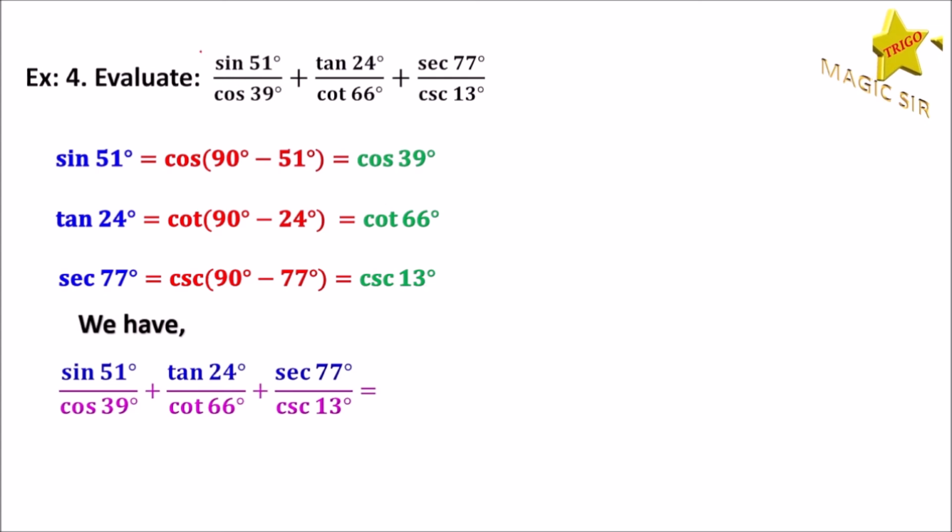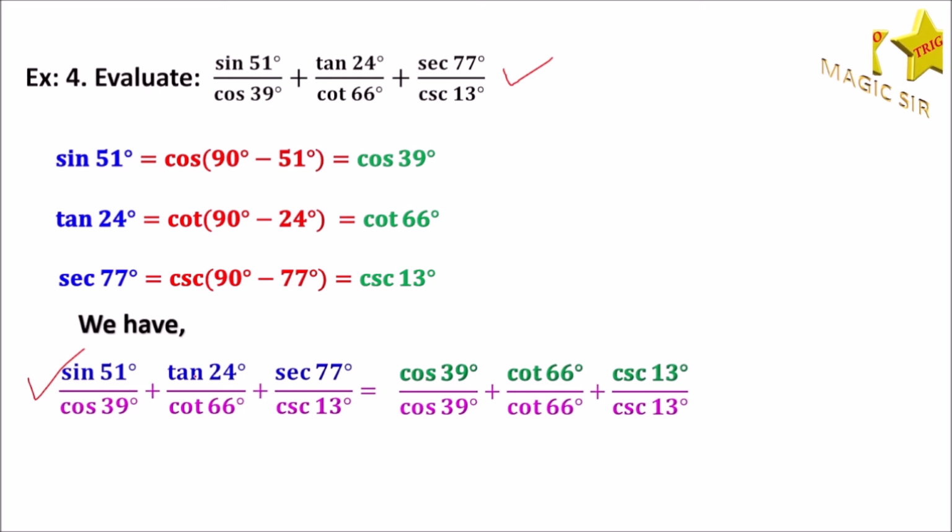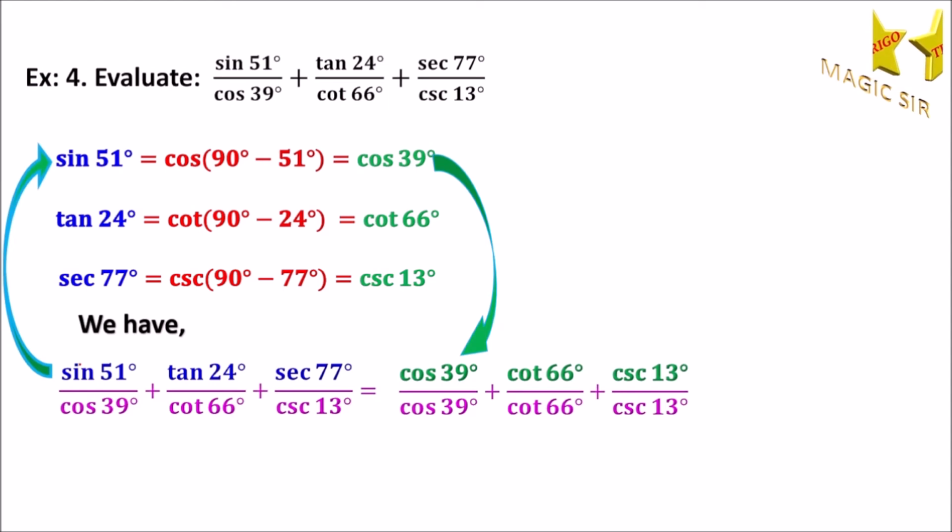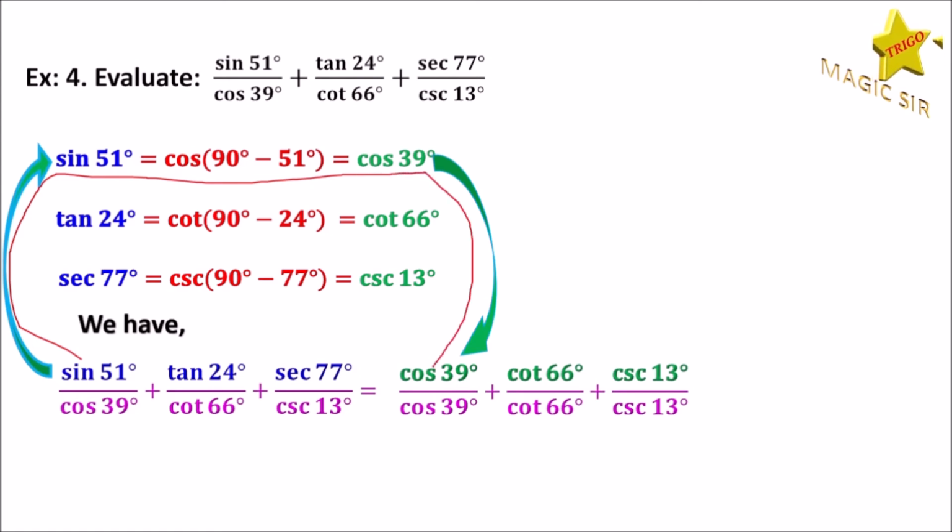Now concentrate your mind on the numerator of the given example. The numerator of the first term is sin 51 degrees, and sin 51 degrees is equal to cos 39 degrees. So we put sin 51 degrees equal to cos 39 degrees in the numerator of the first term.